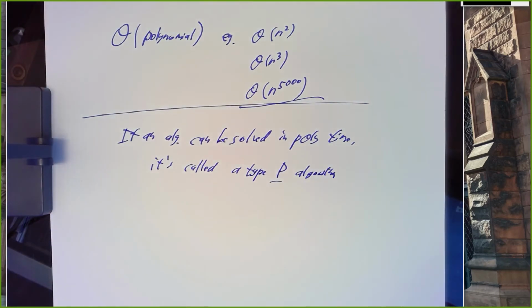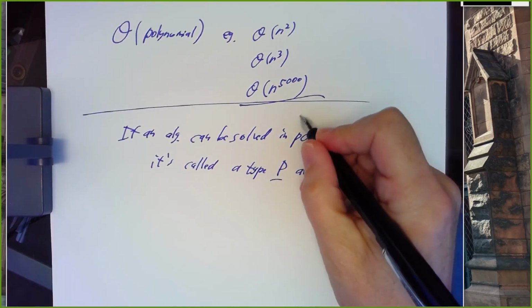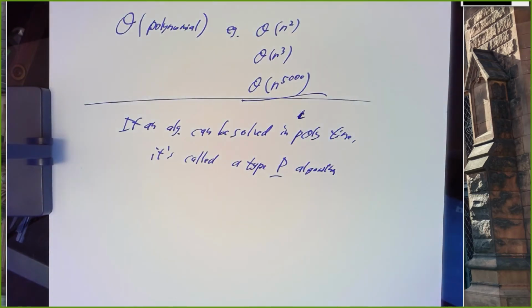Bubble sorts are type P. Insertion and deletion sorts can be solved in polynomial time. Inserting a node into a binary tree is logarithm n, which is better than n to the first, which is a polynomial, so that's also a type P algorithm. If you can solve it in something less than polynomial time, you can solve it in polynomial time.